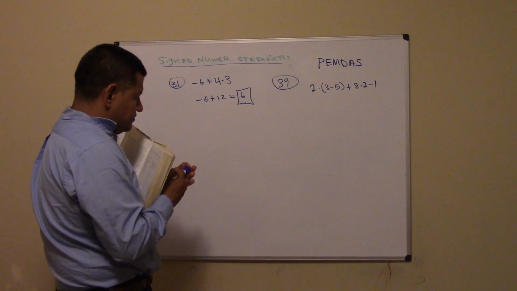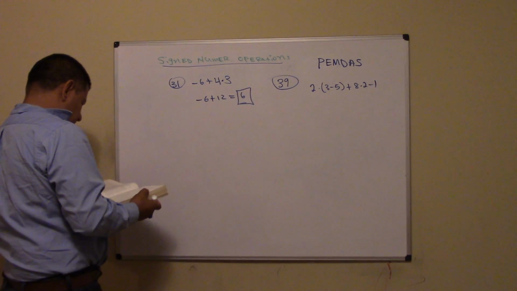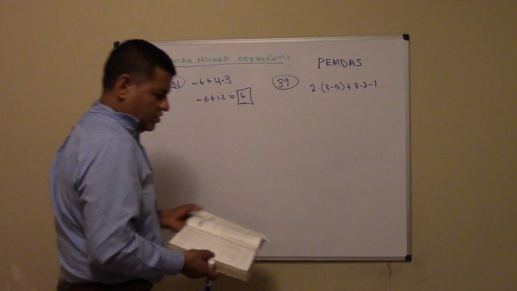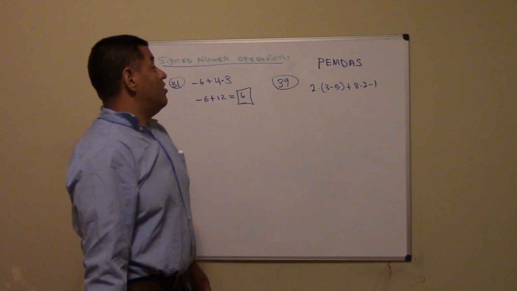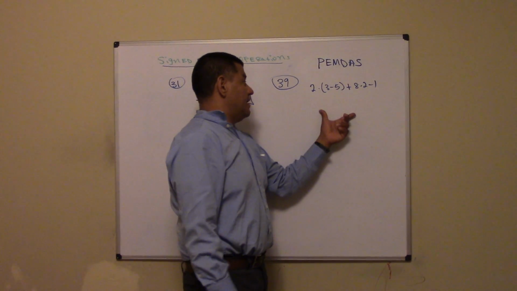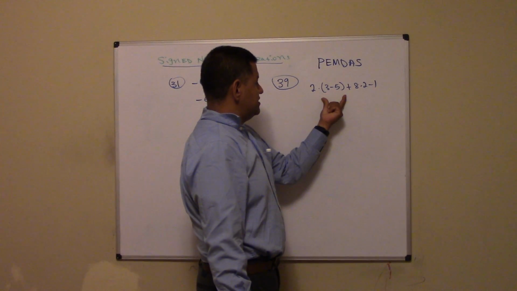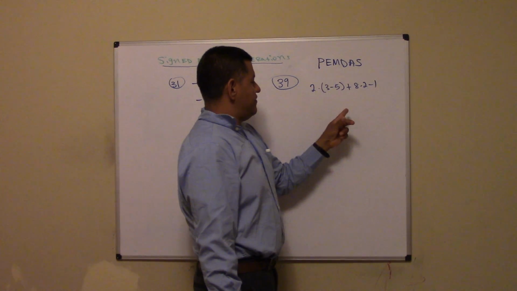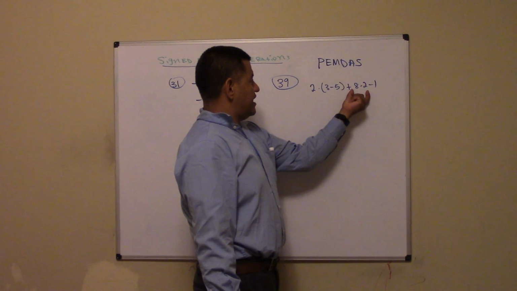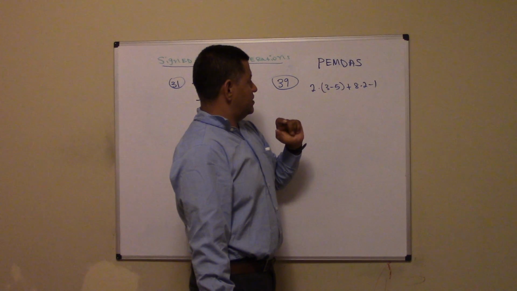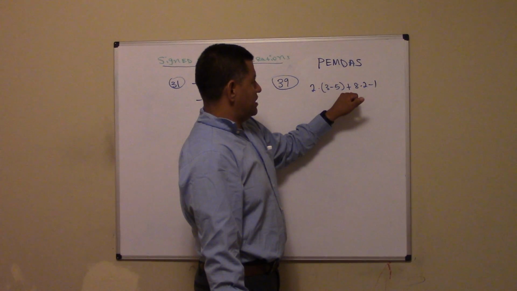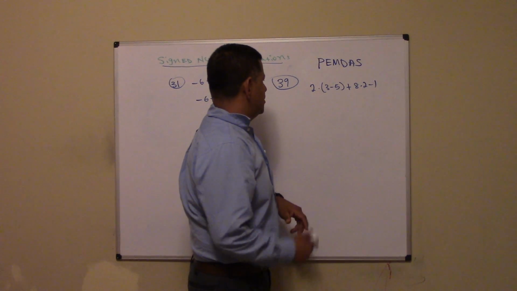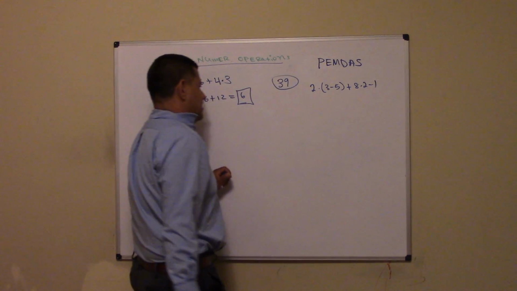Okay. So in this problem, we have a little more operations involved. We have parentheses, we have multiplication, we have addition, and we have a subtraction. So we will do it step by step.